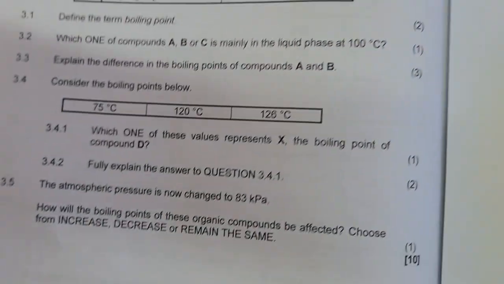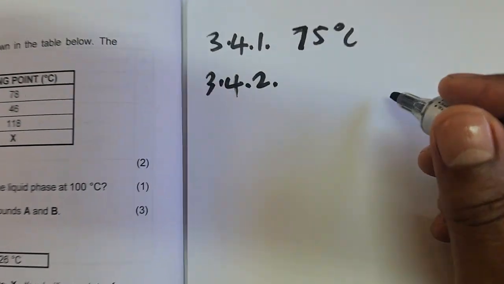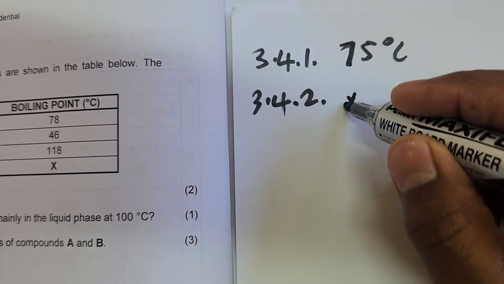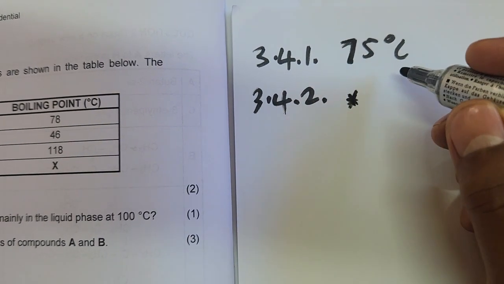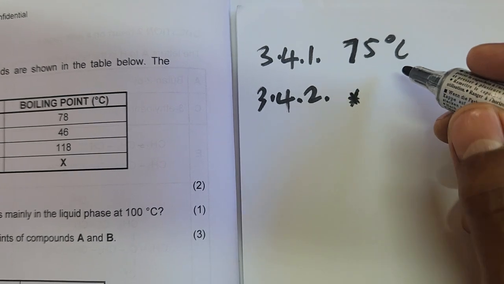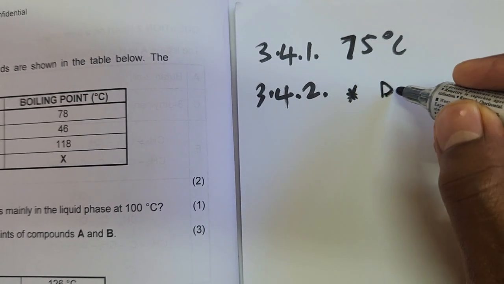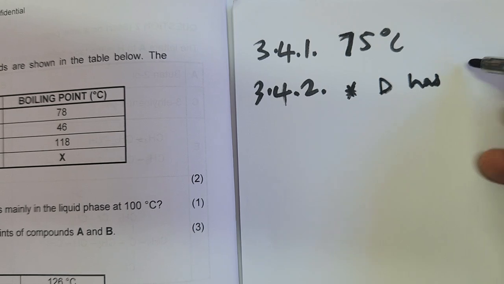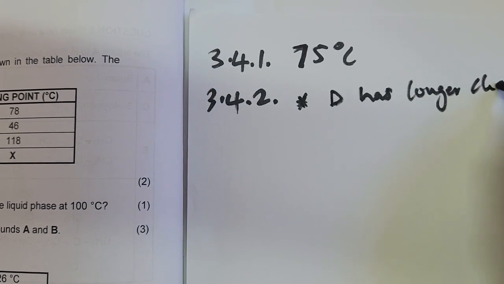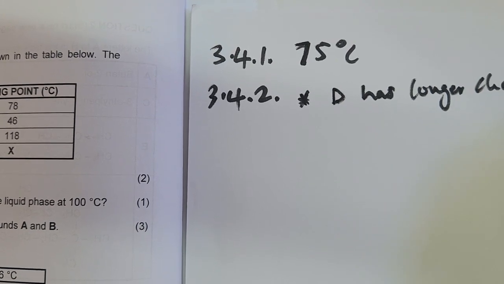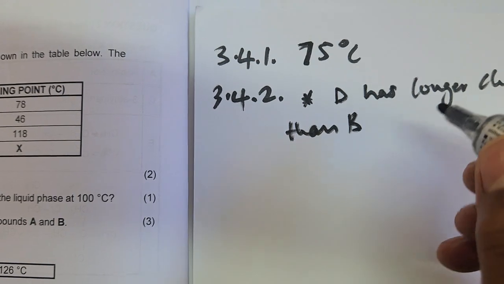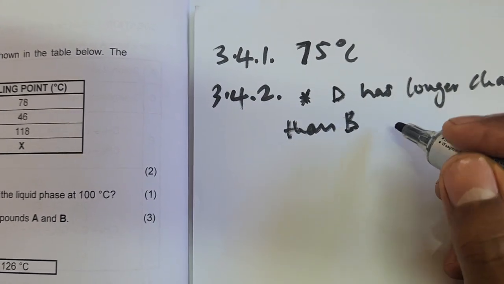3.4.2, obviously explanation. Yes. We said in this case, first point, D has a longer chain length than B. That's the case.